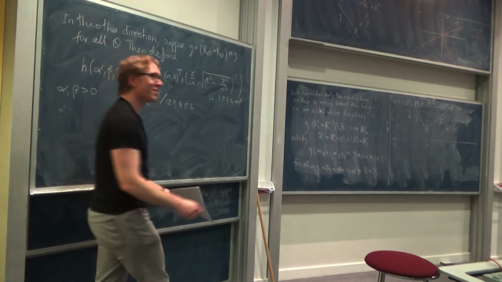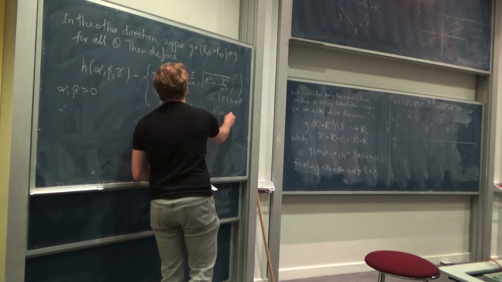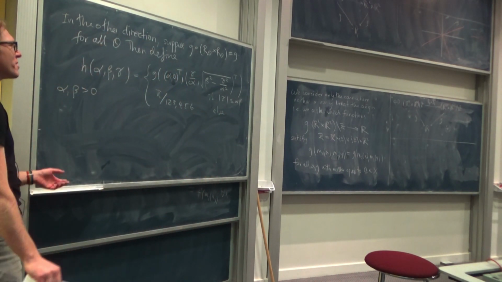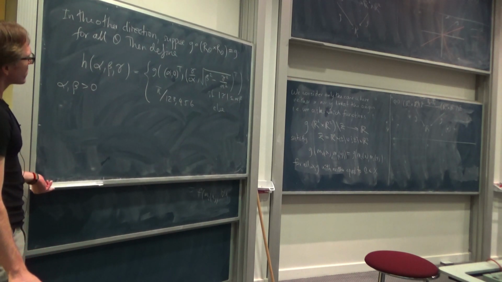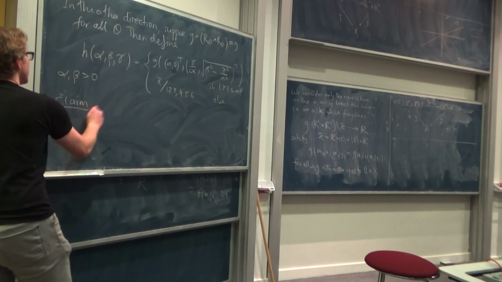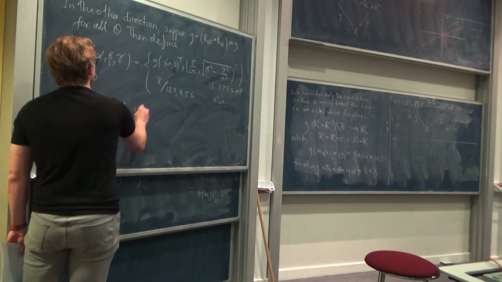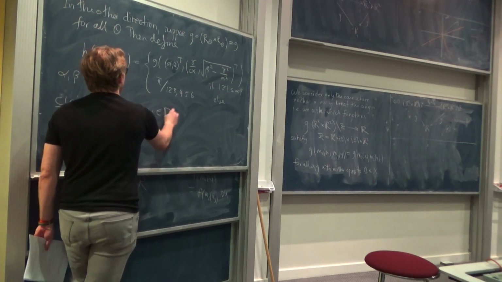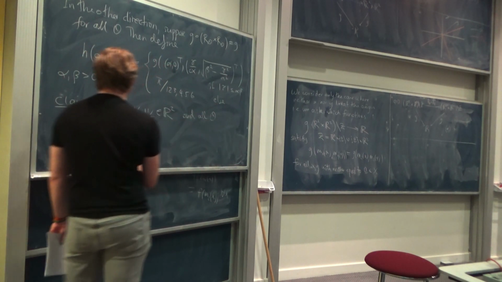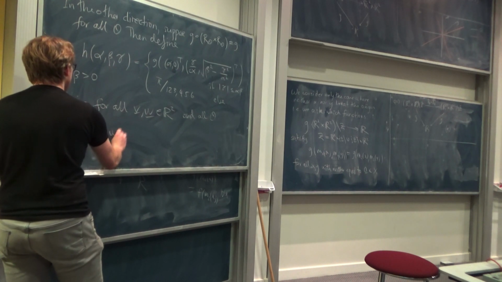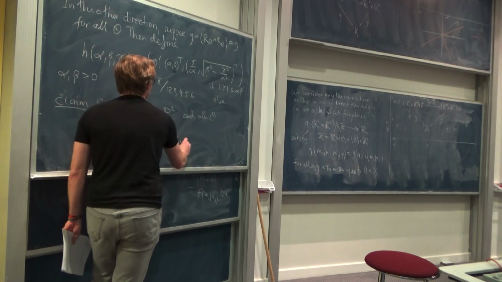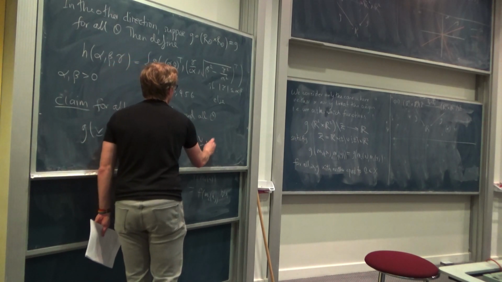Okay, this is very important. It doesn't matter, as you'll see. So just define it any way you like on the rest of the values. All right, so let's see why that works. So I claim that for all v, w in R2 and all theta, we have g of v, w equals h of the length of v, the length of w, and the dot product.